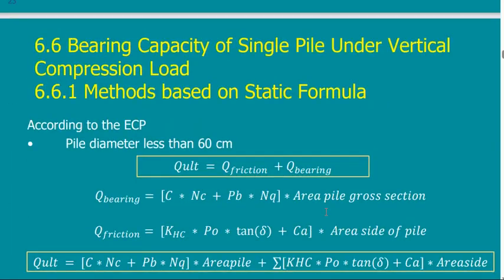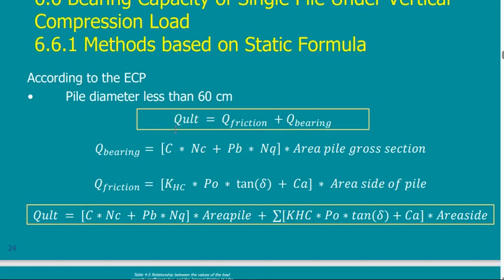But what is important is that you have here 4 types of problems. These are very important. The first type is the static formula that is given in the Egyptian code. The static formula is used for piles less than 60 centimeters. So this is very important.